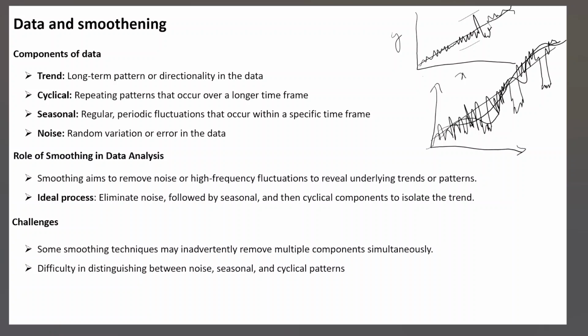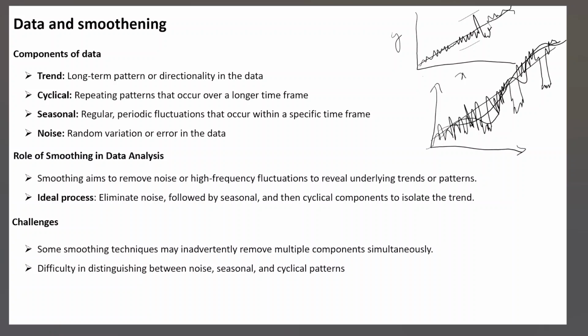Hence, the need: if we smoothen this data and fit it, then we can see the trend better. For that only, we are doing smoothing. So trend, you have understood, right? It is how the data progresses over a period of time. So that is what trend is: long-term directionality in the data.